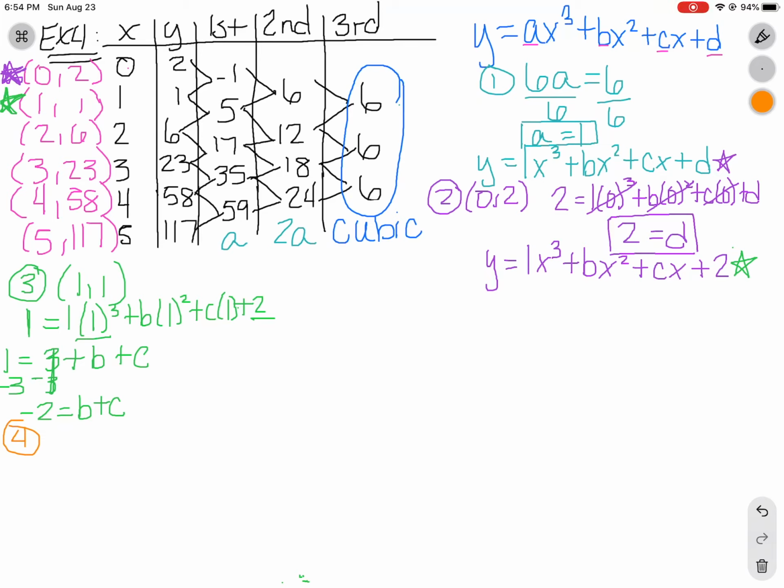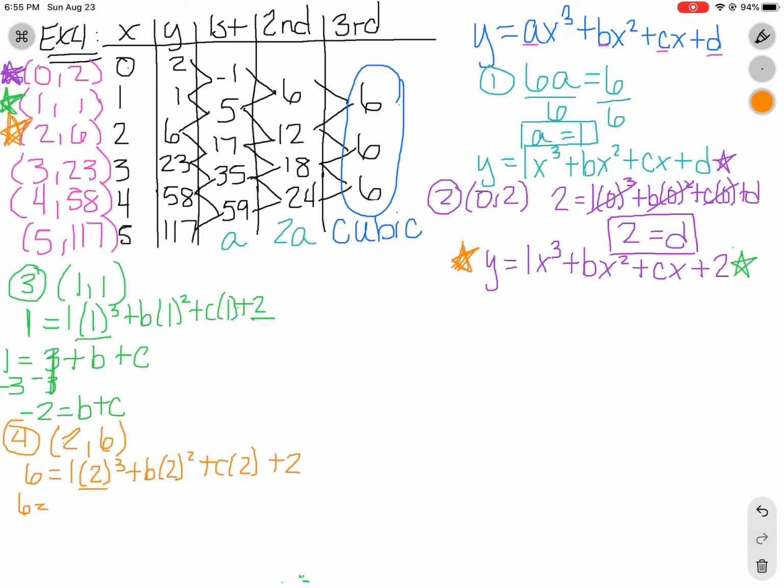Since I have 2 variables in that equation, I need 2 equations to solve for 2 variables. So I'm going to make another one just like it using 2, 6. I'm going to plug it into this right here. I'm going to make another linear equation, and then we're going to solve them simultaneously. So 6 is your y value, so I have 6 equals 1 times 2 cubed plus b times 2 squared plus c times 2 plus d, which is 2.